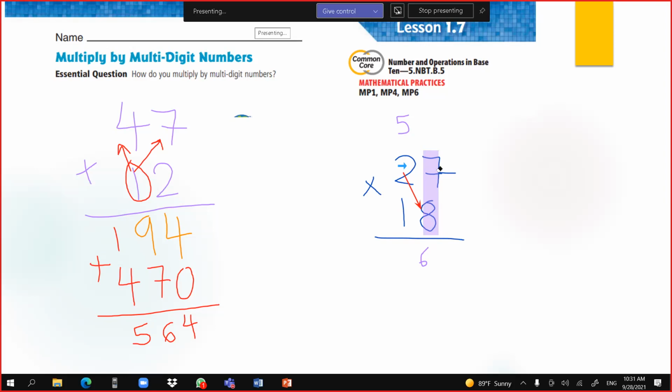So 8 times 2 is 16, and then don't forget to add the 5. So 16 plus 5 is 21.